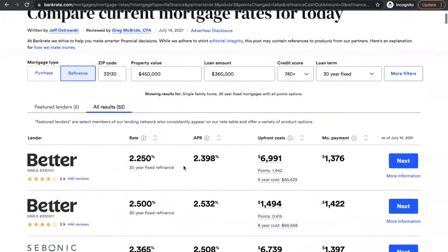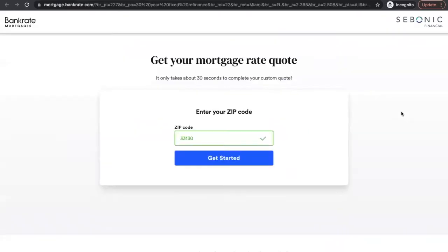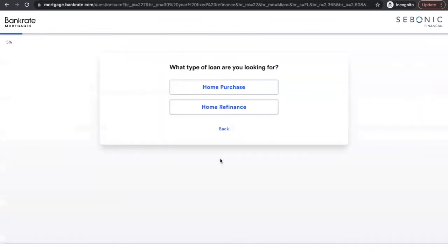Once you are on this table, you are then going to acquire leads through the next button. So if they're looking at Symbiotic and they want to move forward with this particular lender, you click on next, and it takes you through the lead workflow. Same type of experience that you would have on LendingTree.